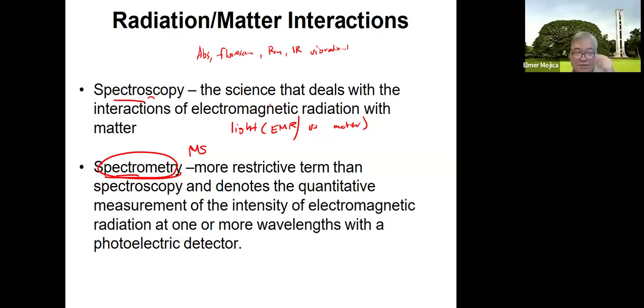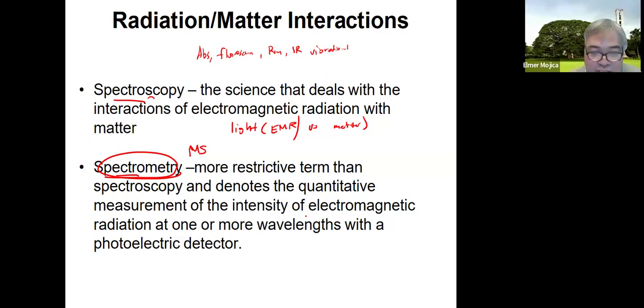Okay, so usually it's a false. Spectroscopy, we could say that's the overall, as long as there's a matter-light interaction, that is spectroscopy. But if you look at the word spectrometry, it's a more restrictive term than spectroscopy, and denotes what?